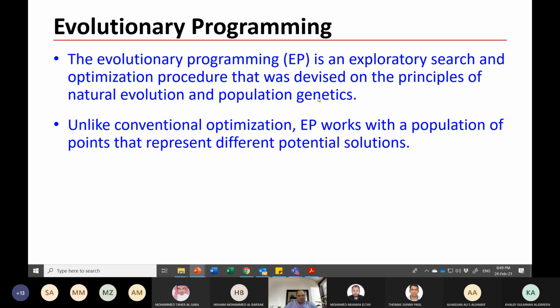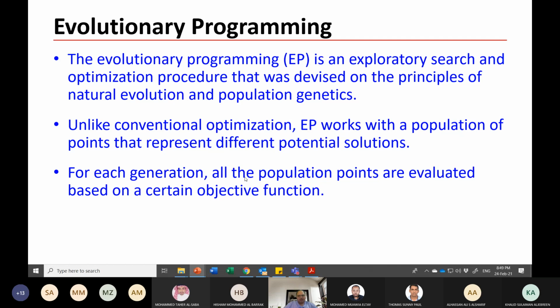Evolutionary programming is a search optimization procedure that was devised on the principle of natural evolution and population genetics. So same principle. Unlike conventional optimization, EP works with a population, a number of solutions. Each point in the population represents a different potential solution of the problem.